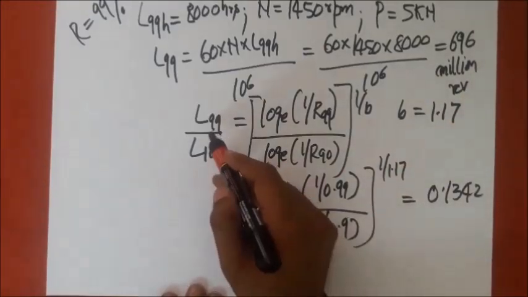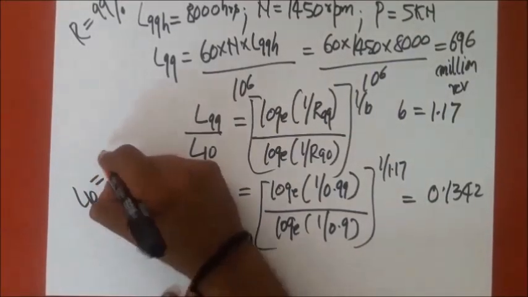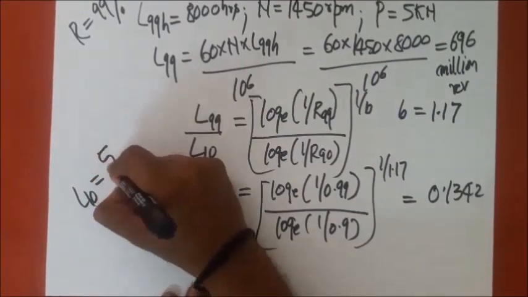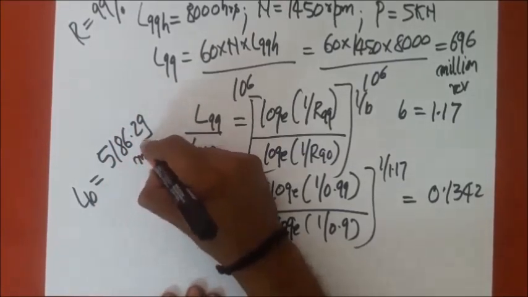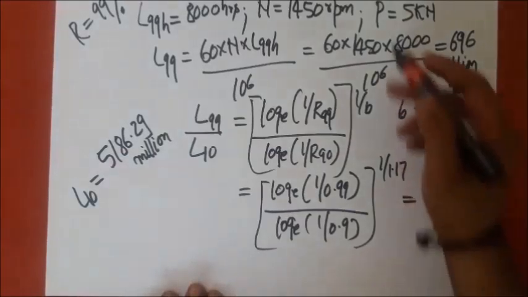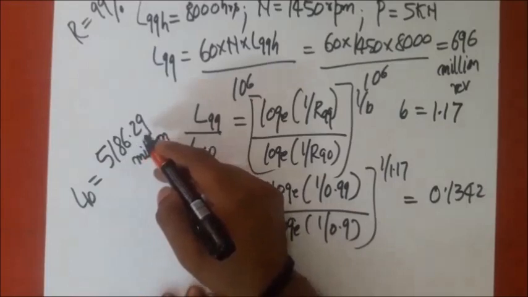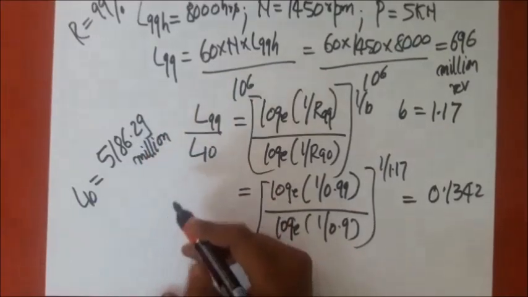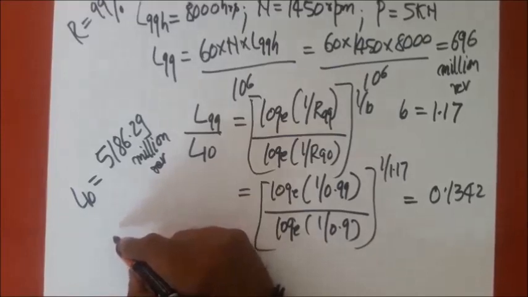On substituting the value of L99 here, we get the L10 value as 5186.29 million revolutions. Now we know P, that is 5 kilonewton, and L10, that is 5186.29 million revolutions. From this we need to calculate C.